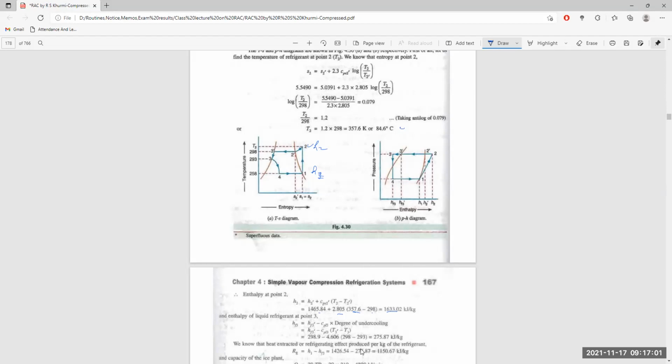So T3 dash minus T3. All these things are known or given to us, so we can put in the respective values and get HF3 as 273.83 kilojoule.